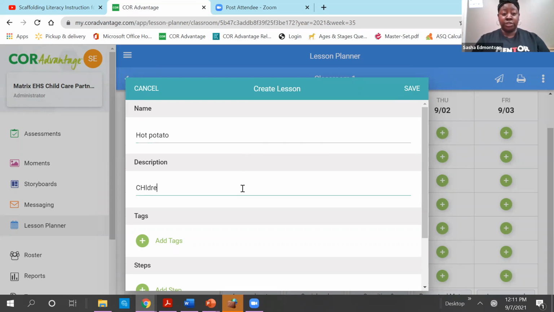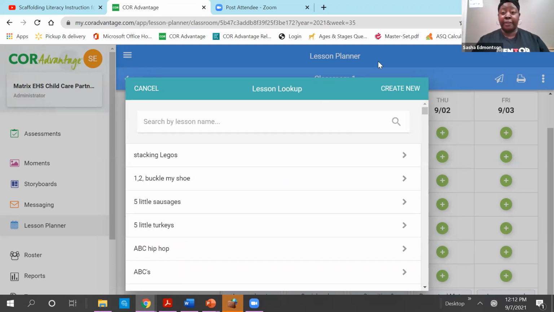I can say children will, I'm sorry, children will toss bean bag while playing hot potato. And then you can add some tags if you want, that can be interacting with other children, fine motor, gross motor, whatever you want to put in there. So that is how you enter your activities into the lesson plan.